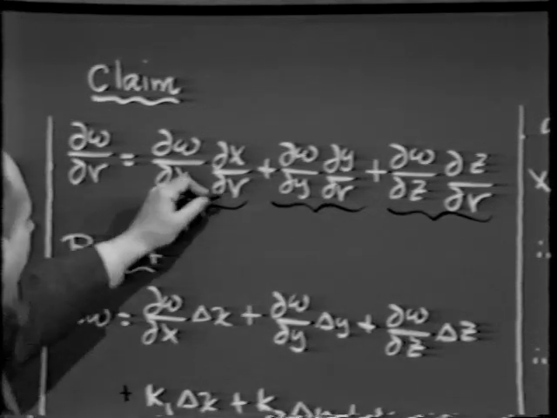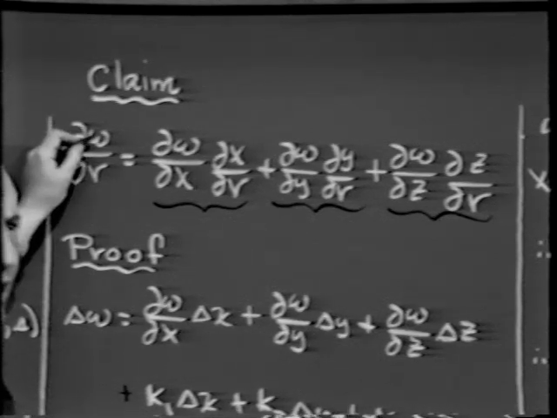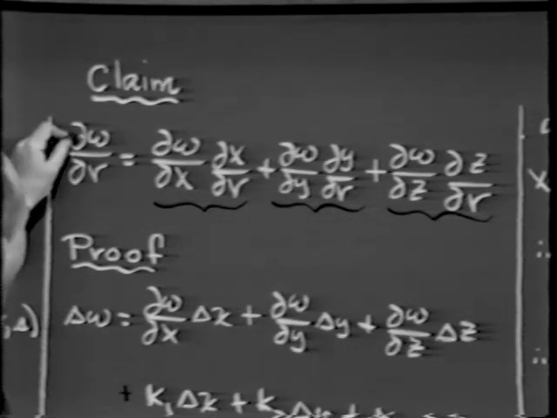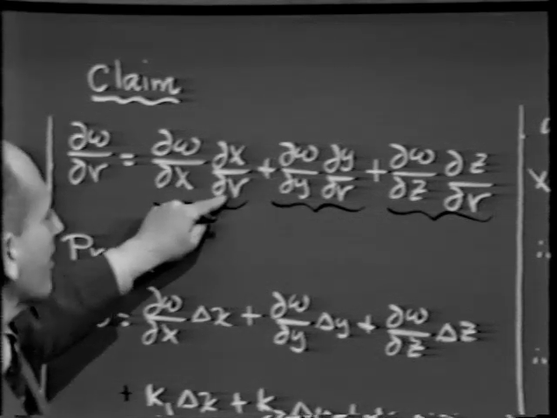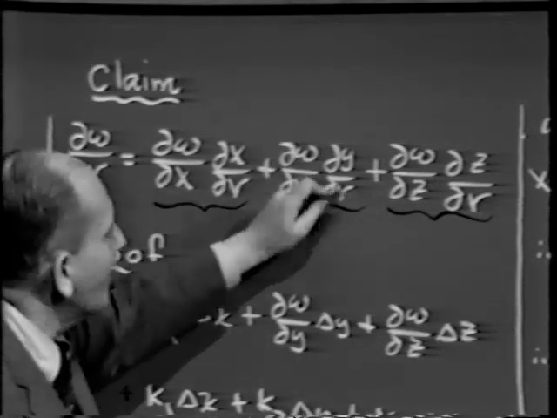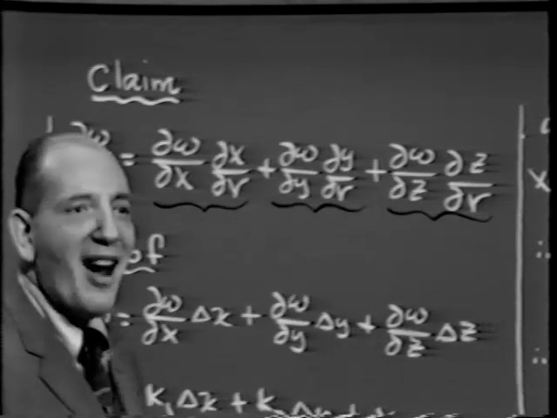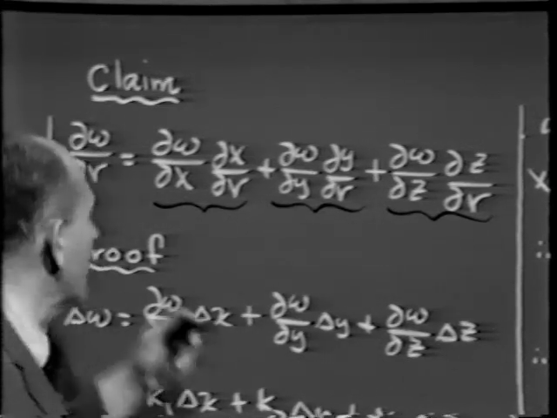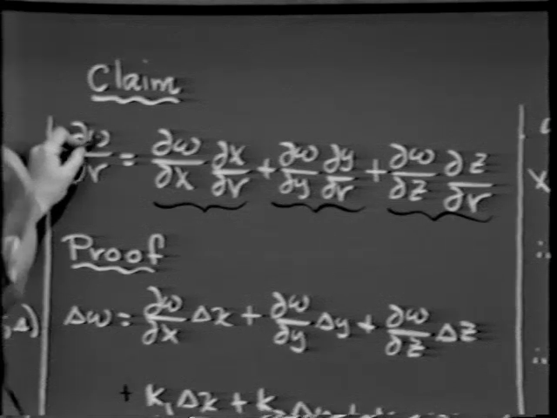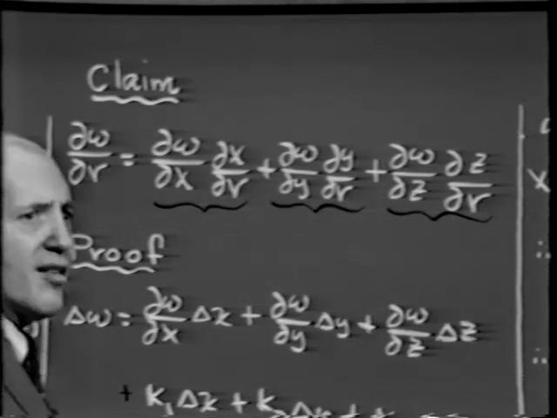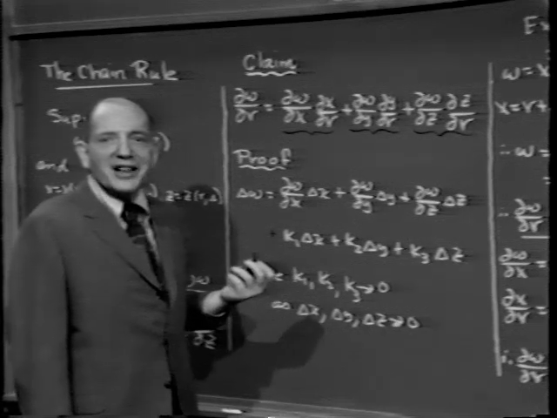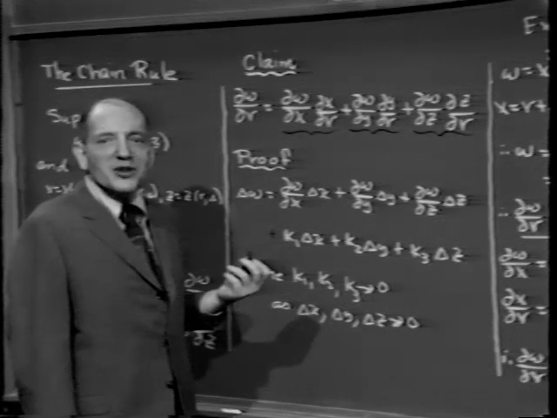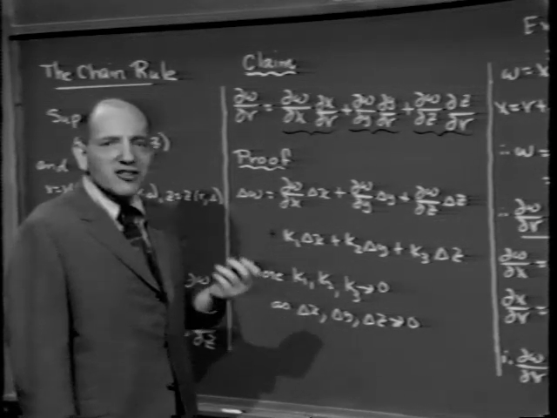By the way, if you did that, notice what you would get is the contradiction that the partial of w with respect to r is equal to the partial of w with respect to r plus the partial of w with respect to r plus the partial of w with respect to r. In other words, it seems that you would get that the partial of w with respect to r is always 3 times itself, which is, I hope, a glaring enough contradiction so I don't have to go into any more detail about the contradiction part.